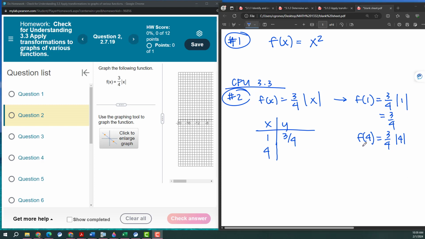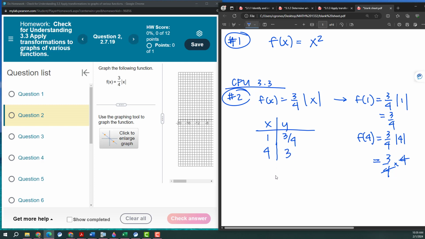An absolute value of a number is the non-negative value of that number. So it's always going to be positive. If we were to have -4, it would still equal 4. In this case, the absolute value of 4 is just going to be 4. So we've got 3/4 times 4. These cancel out and we get that y equals 3.